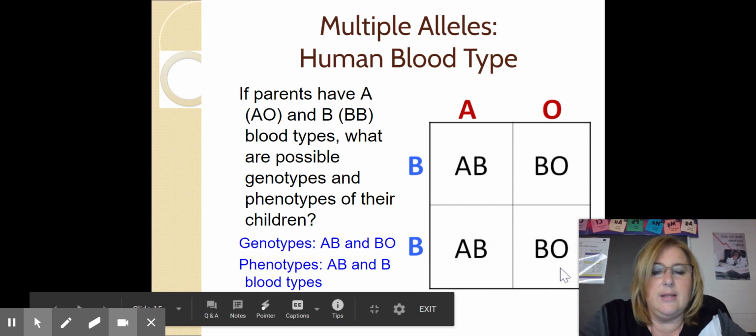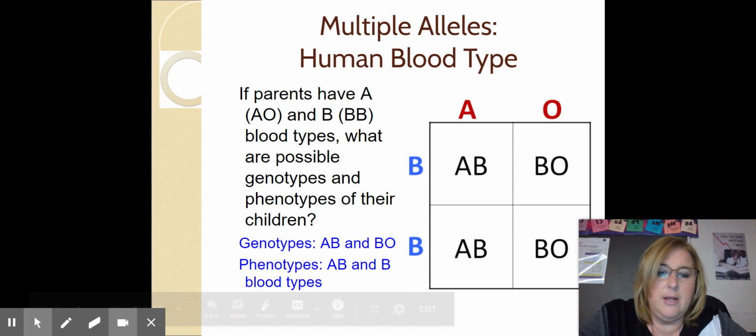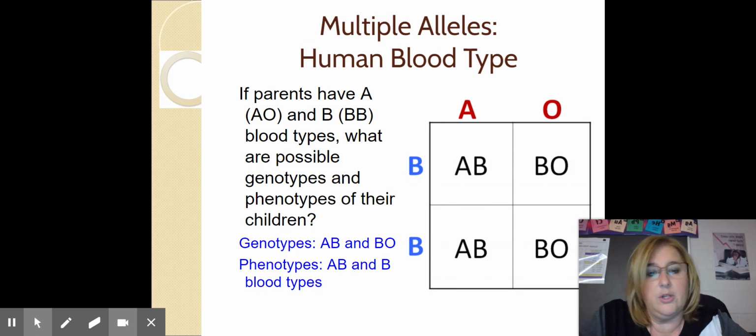So in this case, the children could be type AB blood, and there would be a 50% chance because there are 2 out of the 4 that are AB. Or the person could inherit type B blood. Because the B is dominant and the O is recessive, the B will overpower the O, and it would be a 50% chance of having type B blood.